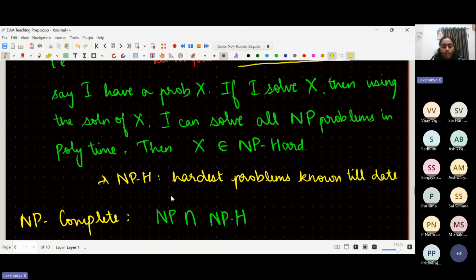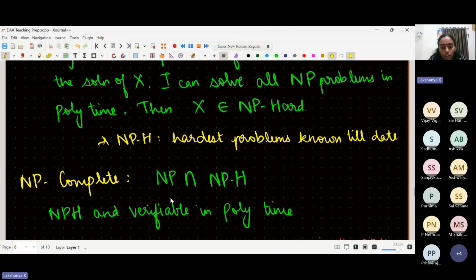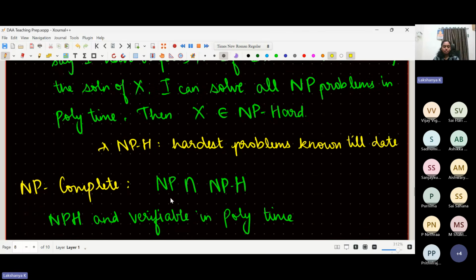And secondly, it is NP, meaning it is verifiable in polynomial time. So for NP complete, we don't have a method of solving it in polynomial time yet. But if we can solve this, then everything in NP will become solvable. Secondly, as I said, we don't have a method of solving yet, but we can verify it in polynomial time. So it is quite literally the intersection of NP and NP hard, which we call NP complete.